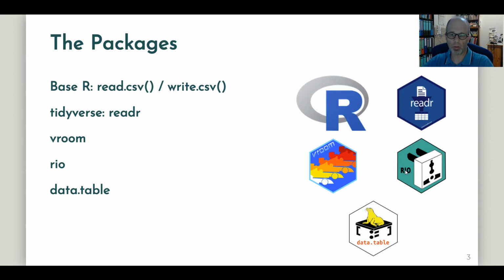So the convenience is that you have one general function import to import different file formats, and you don't need to worry about different functions. And also the same for exporting data, you just have this general export function. And last but not least, the data.table package.